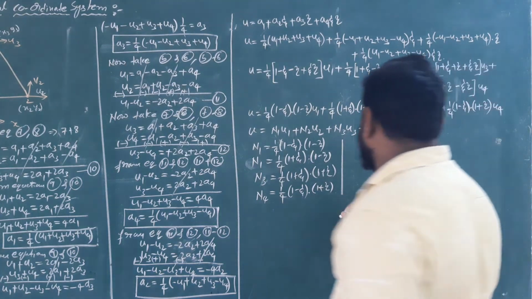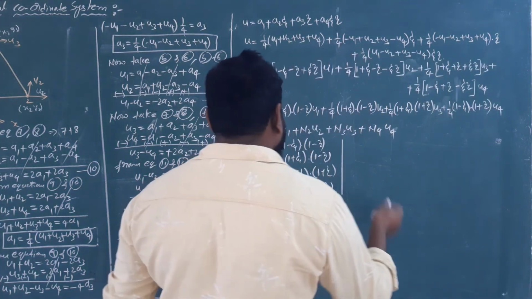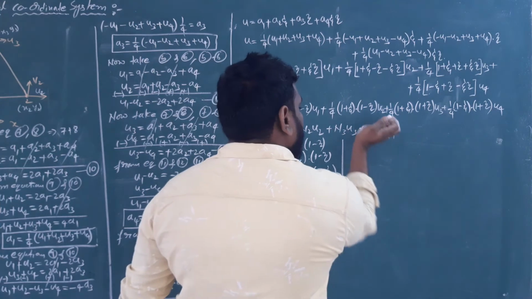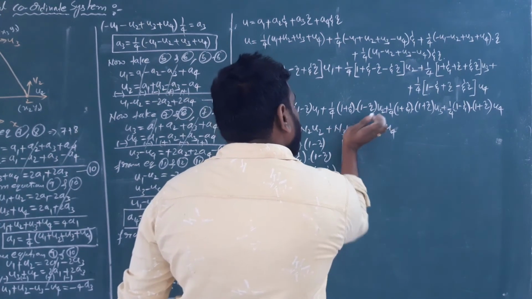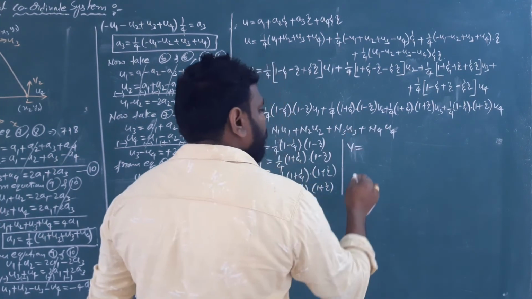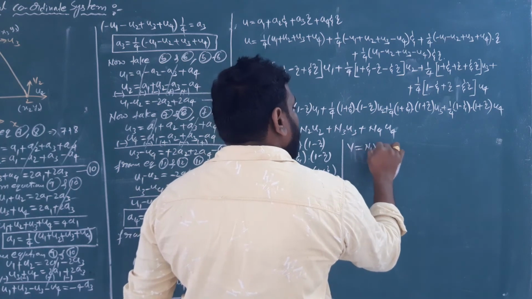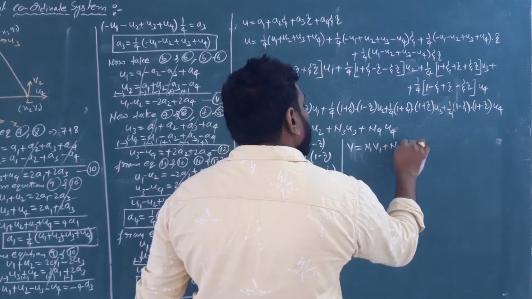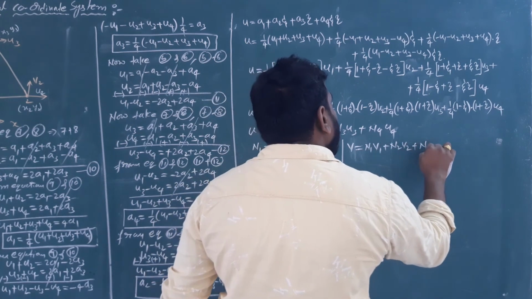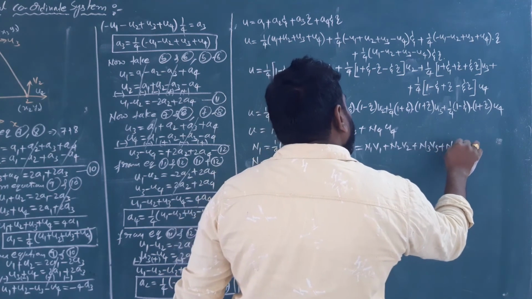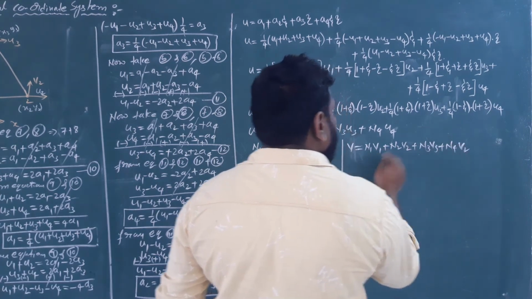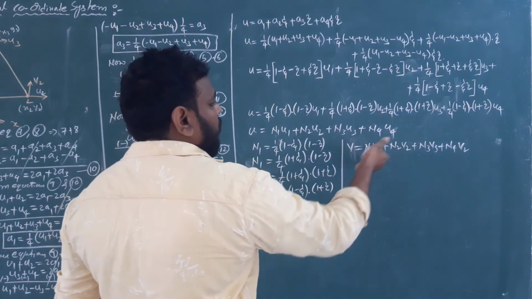Similarly we can get v is equal to n1 v1 plus n2 v2 plus n3 v3 plus n4 v4. We can substitute all those values here.